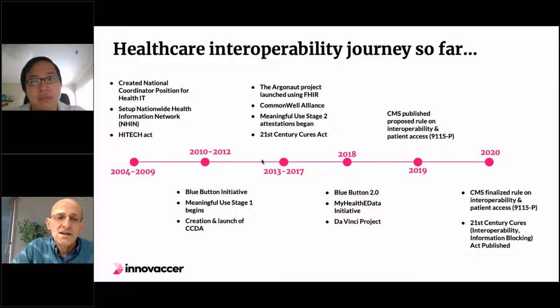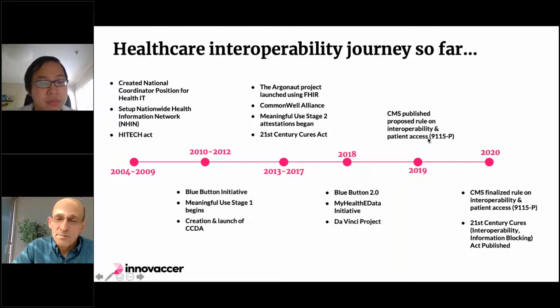Lots of spending to digitalize healthcare. Blue Button Initiative, trying to get patients to be able to download their information, and we started the journey of meaningful use. The CCD was conceptualized then as an element for standard packaging of clinical information within an EHR. The Argonaut project started, and that's when discussions around FHIR first began. We've been on that journey for a while.